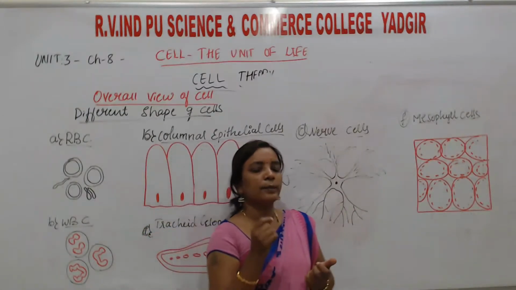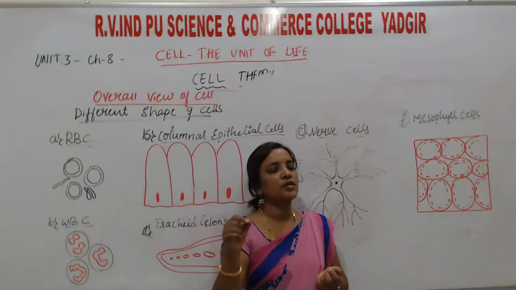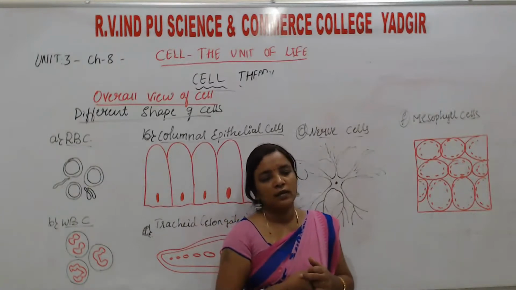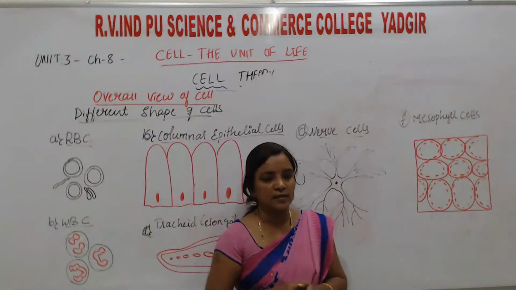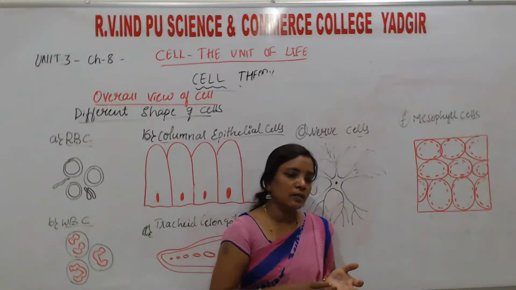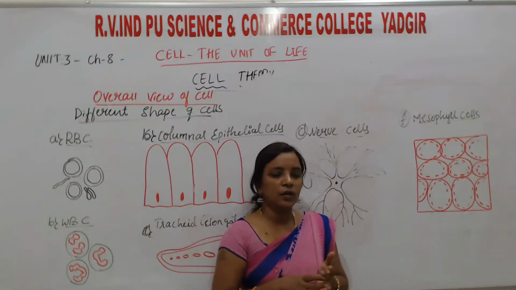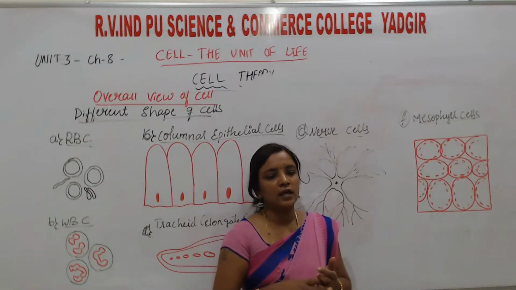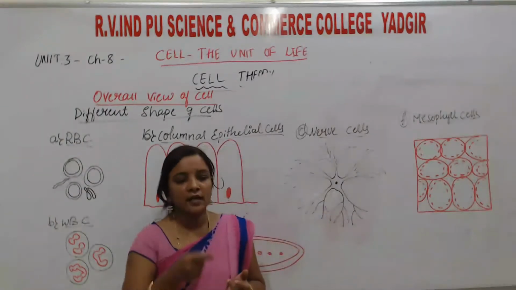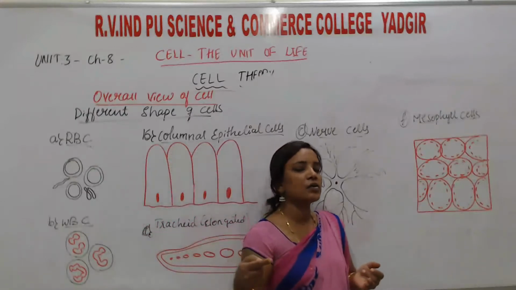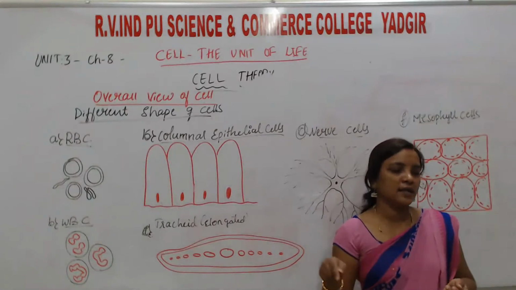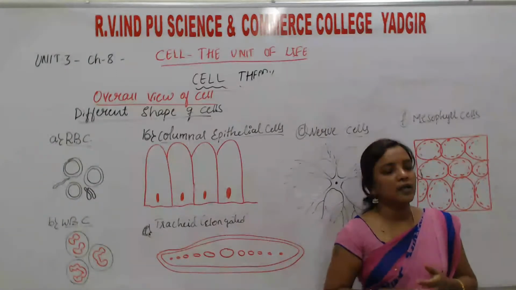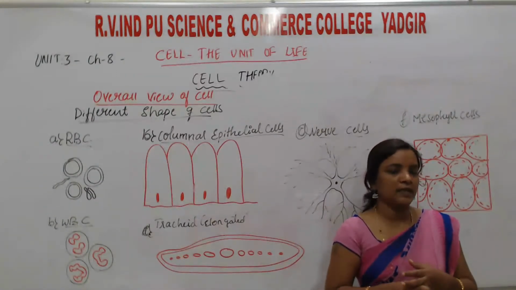Other, if the bacteria are round in shape, we call it coccus. So bacillus is a rod-like structure, and coccus is a round structure. Bacteria are also present in a zigzag or spiral form.